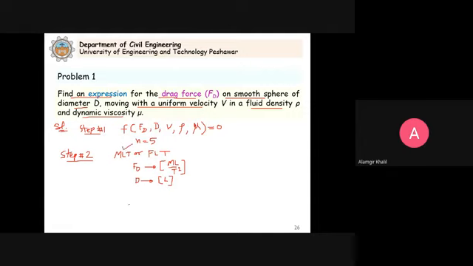We have the velocity. You see, in some problems the MLT system is more convenient, and in some problems the FLT system is more convenient. That's why we have these options available. But you must get the same result. This is for sure. Velocity is L by T.